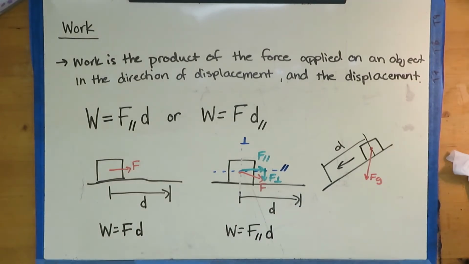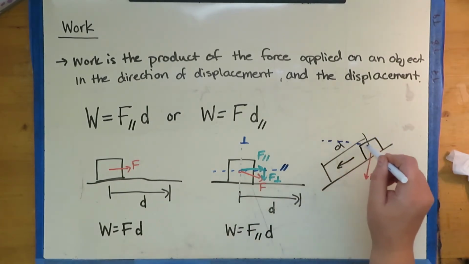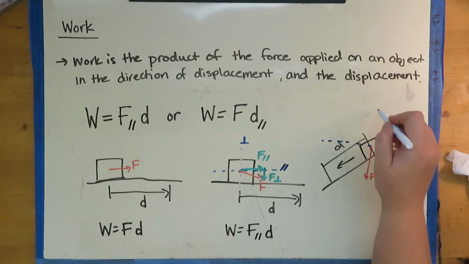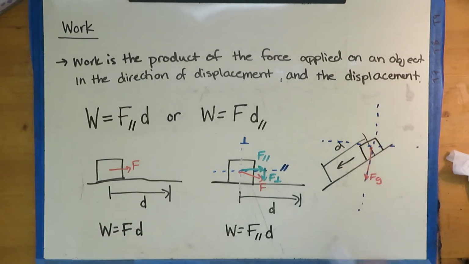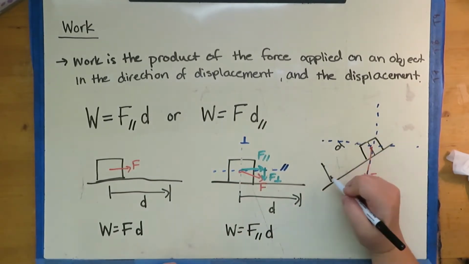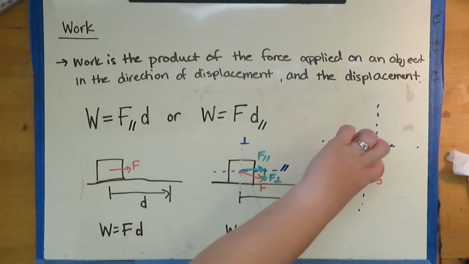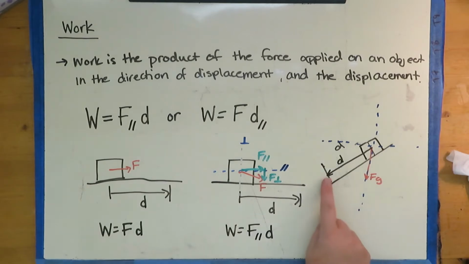I could keep my axes the same here, and I could find the component of the displacement that is parallel to FG instead.